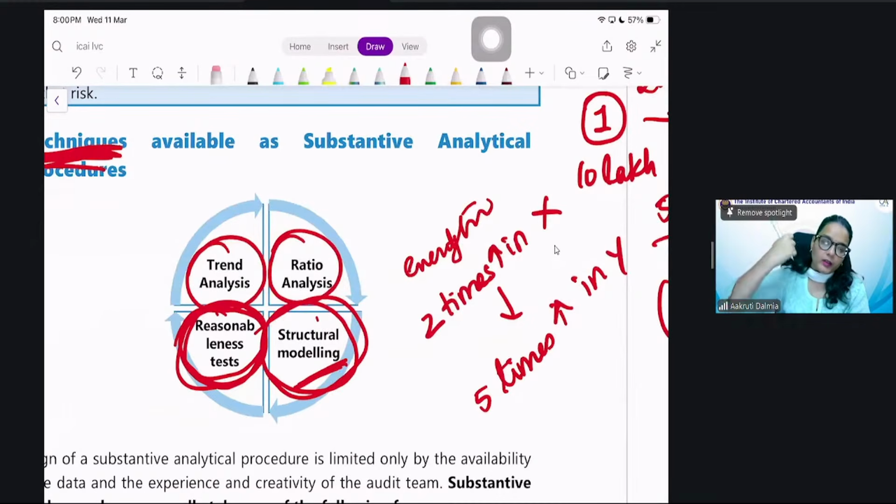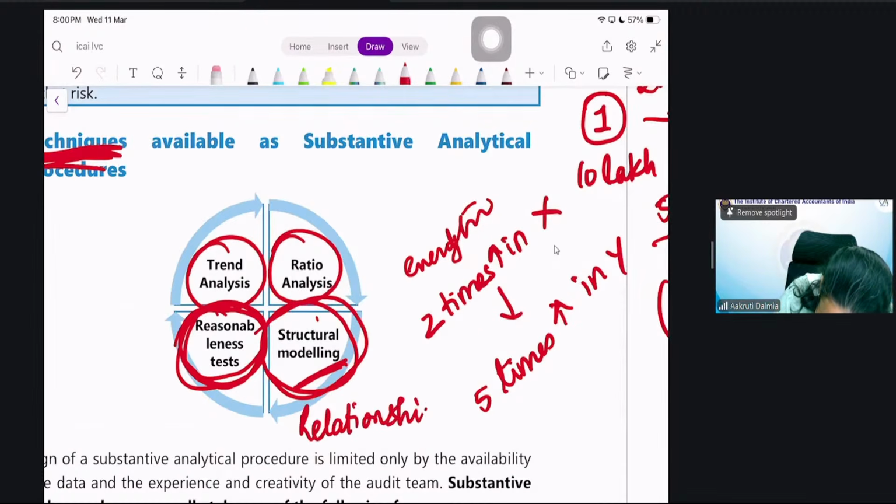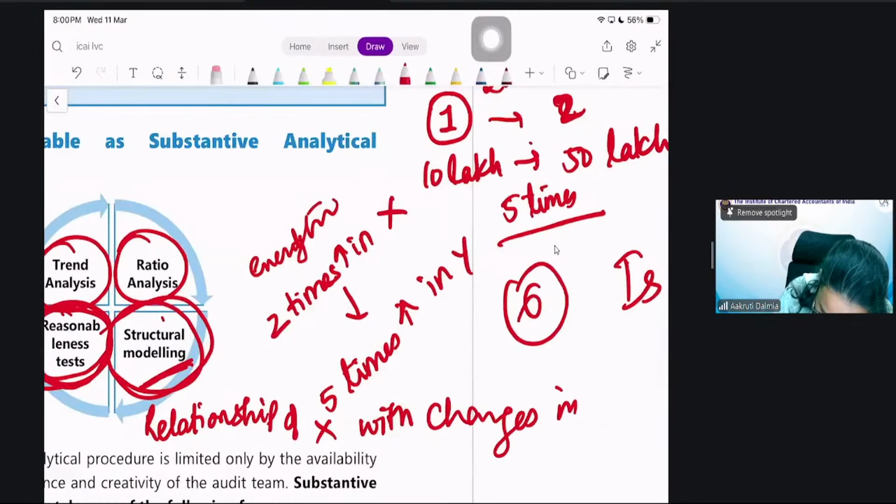Structural modeling. So when an auditor analyzes data, the relationship of X with changes in Y. When you create this kind of structure to compare two things, that is called structural modeling.